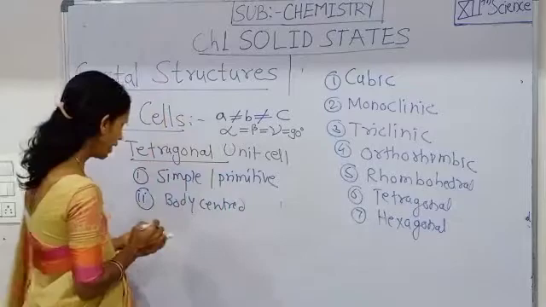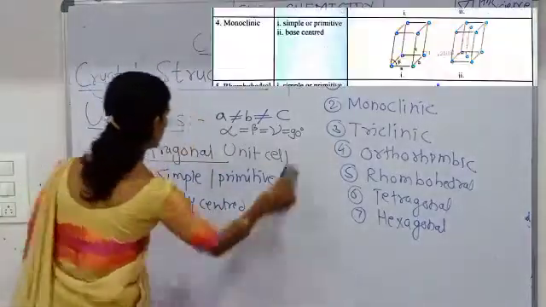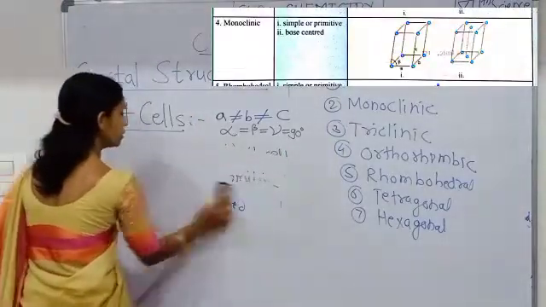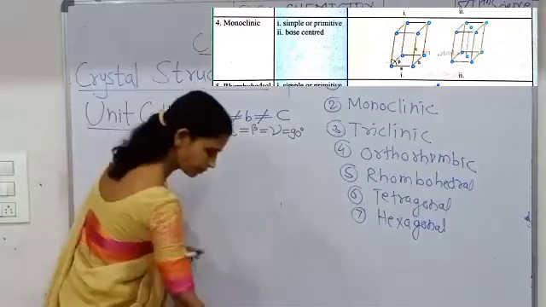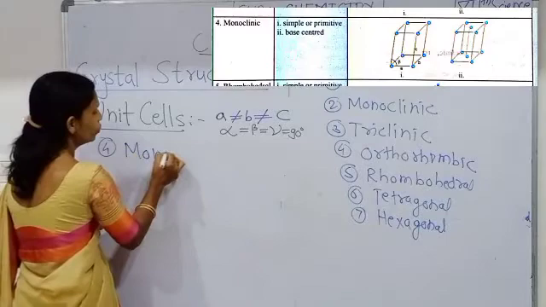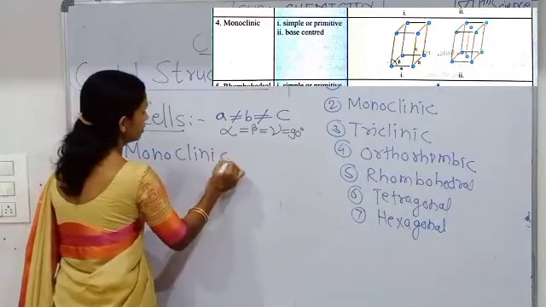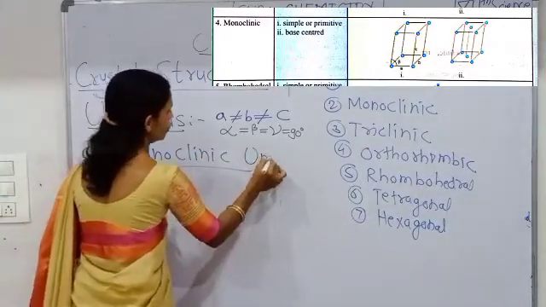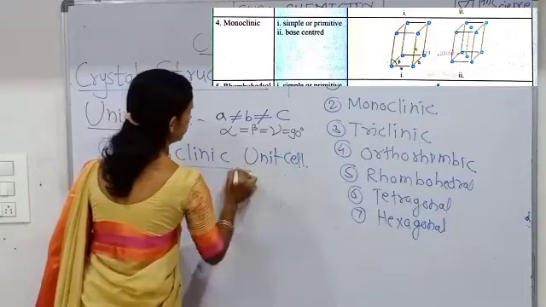Then the next type, that is the monoclinic unit cell. Fourth one, that is the monoclinic type of unit cell.